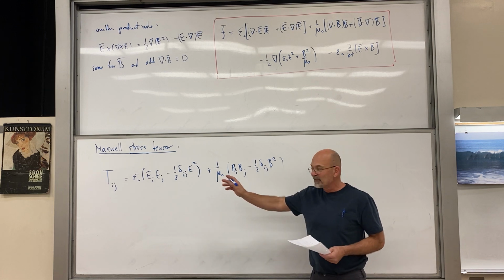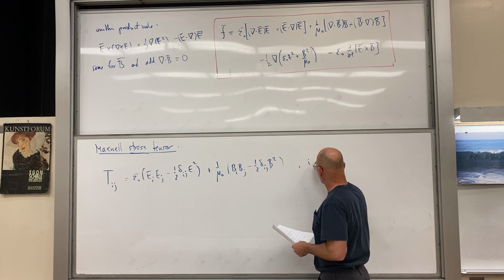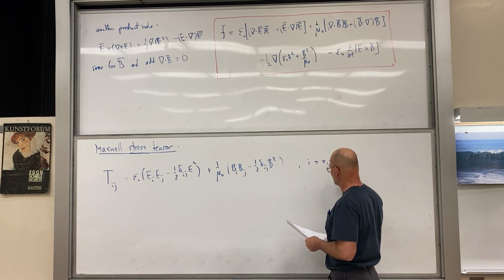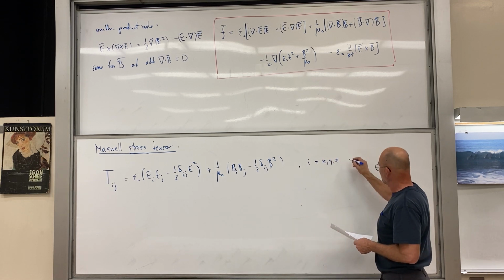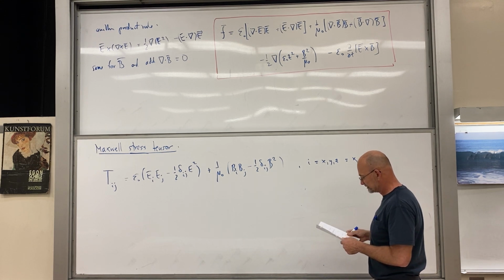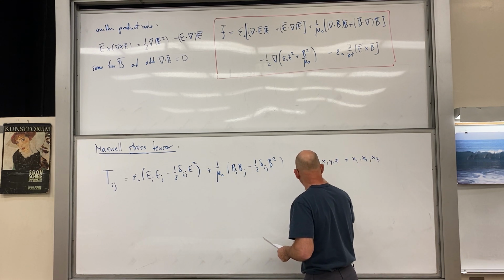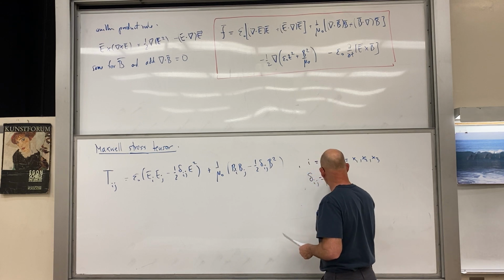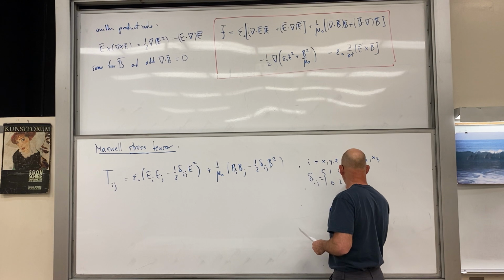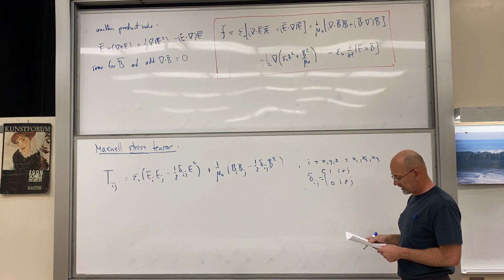So that's a 3x3 matrix. i goes as x, y, z, or x1, x2, x3. Kronecker delta ij, you guys know, is 1 if i equals j, and 0 if i is not equal to j.